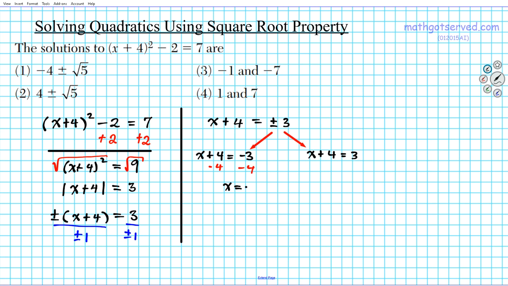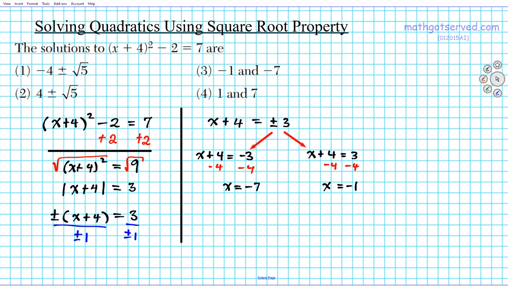Same signs, add and keep the sign: negative 7. In the second equation, subtract 4 from both sides. Then you have x equals 3 minus 4. Different signs, subtract and keep the sign of the bigger: negative 1.